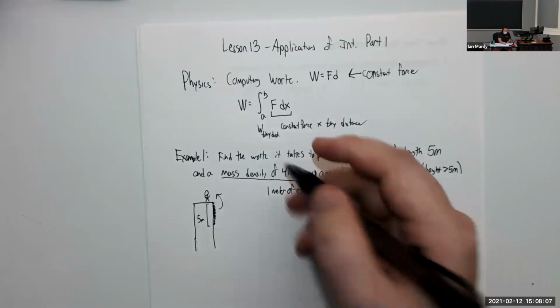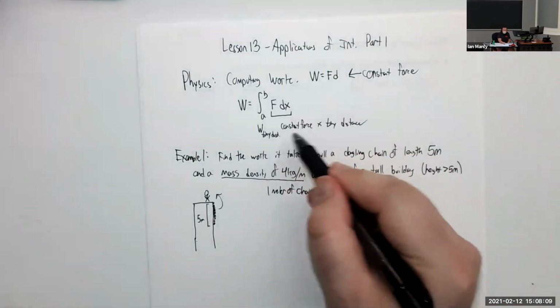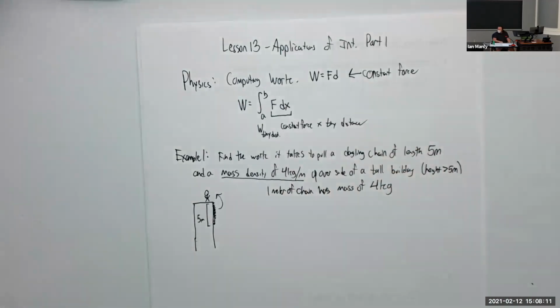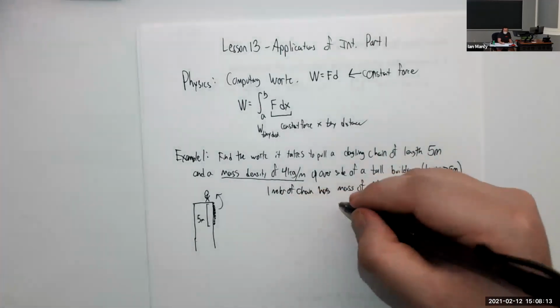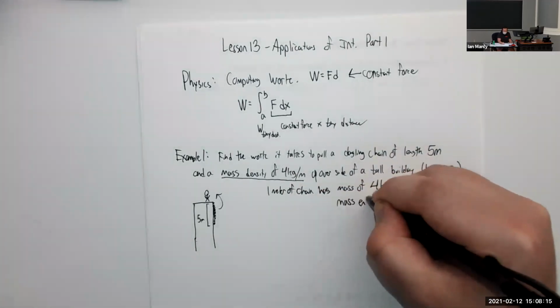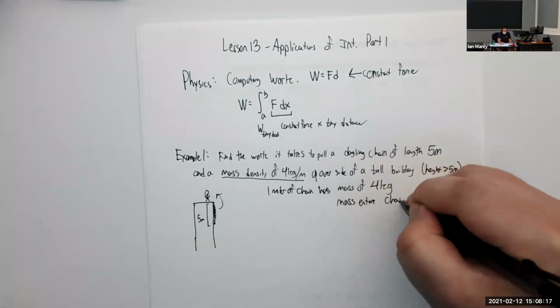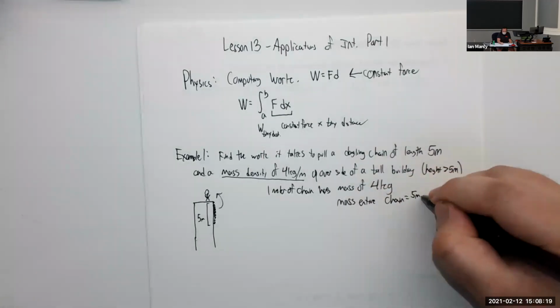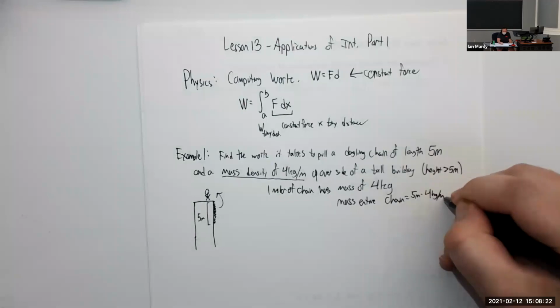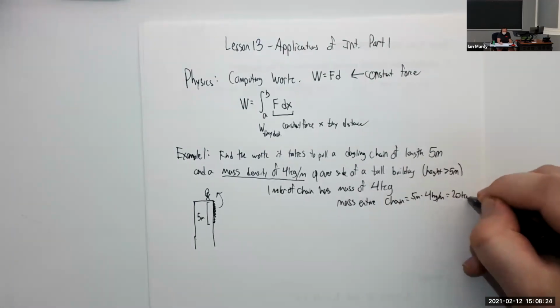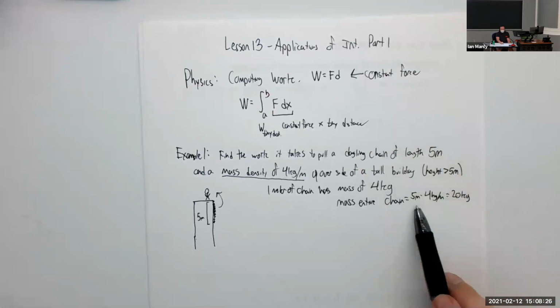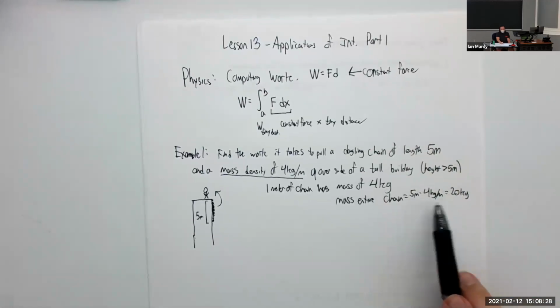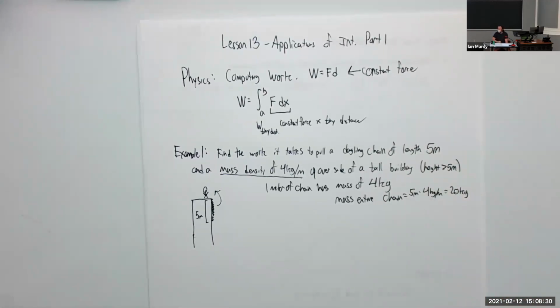It's the mass of the entire chain, which is 5 meters times 4 kilograms per meter, which will give us 20 kilograms. And for those of you in a science class, you can see that the units will cancel out here with meters, and then we just end up with kilograms right here. So however long our chain is, we simply multiply that by 4. That's the mass of it in kilograms.